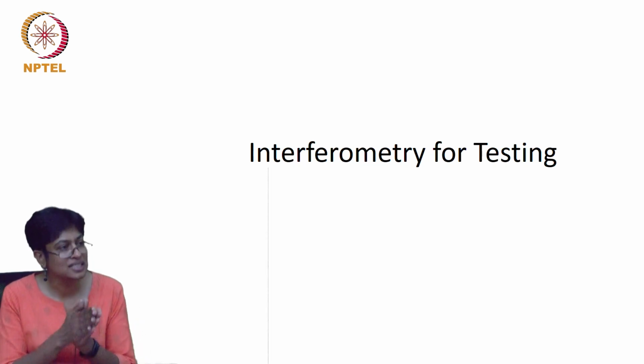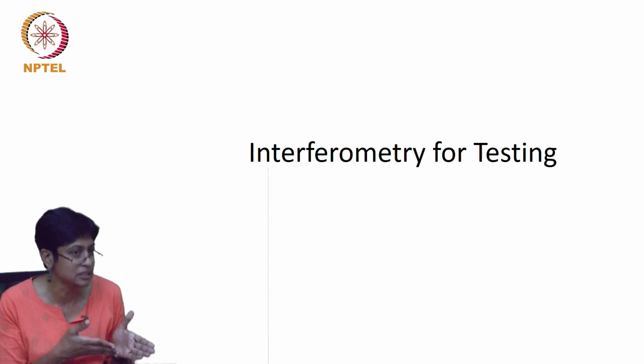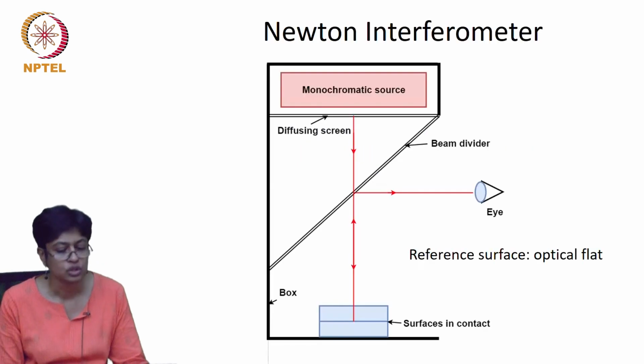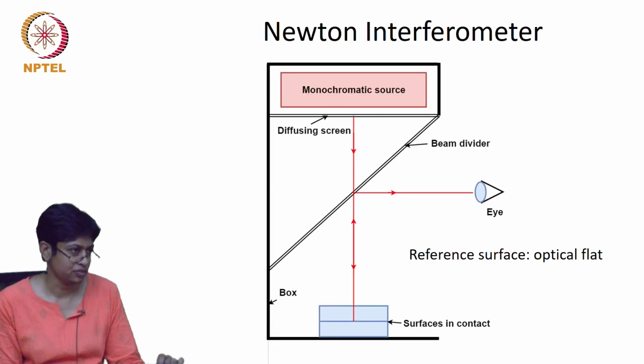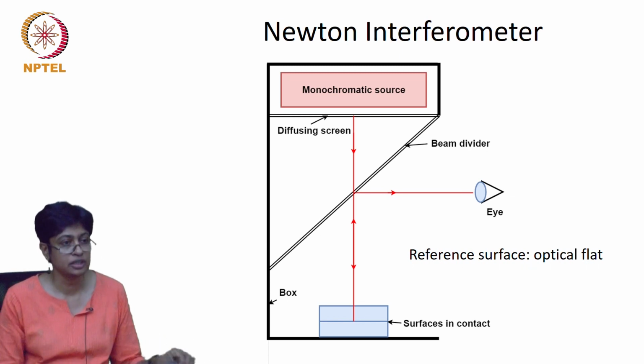So, by studying the interference pattern, I should be able to say something about the element's shape itself. Okay? So, a Newton interferometer is used commonly for testing optical elements. Okay? How does a Newton interferometer work?